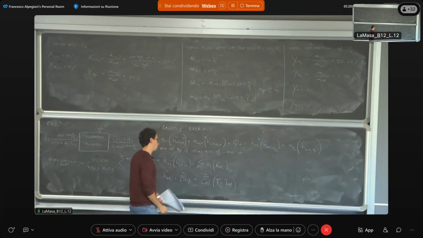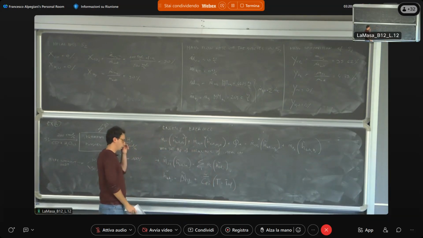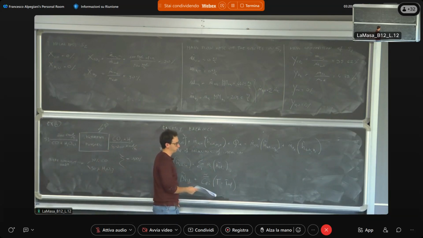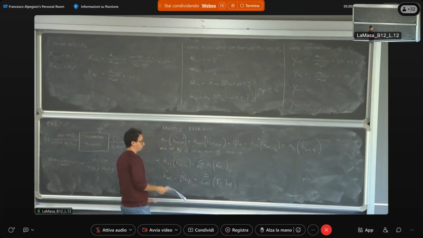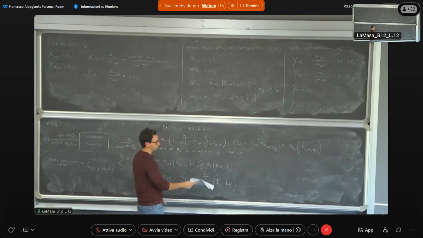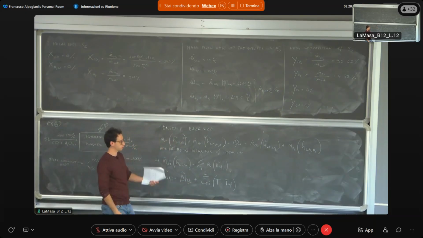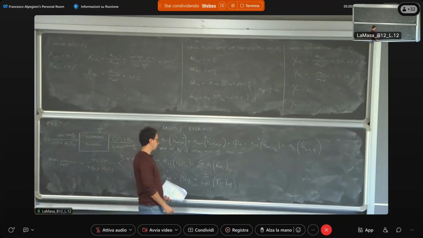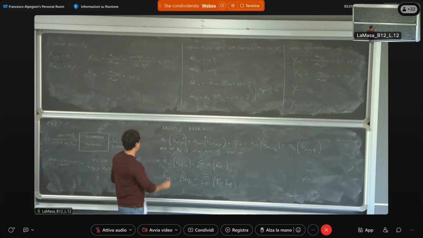If you are not considering an ideal gas, you cannot write Cp times T minus T ref. And moreover, if you are not considering an ideal mixture, you cannot write this just in terms of temperature, but you have to write it also in terms of pressure, partial pressure. So you have to make these hypotheses, okay?